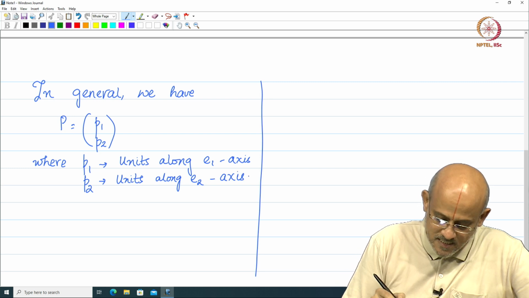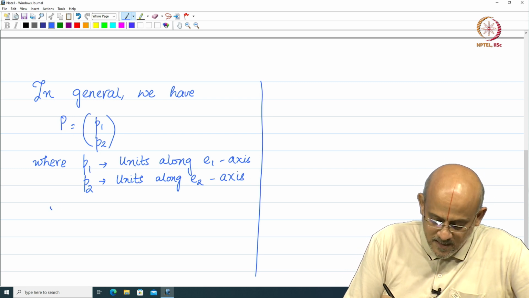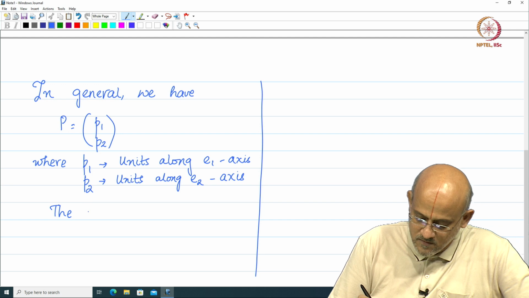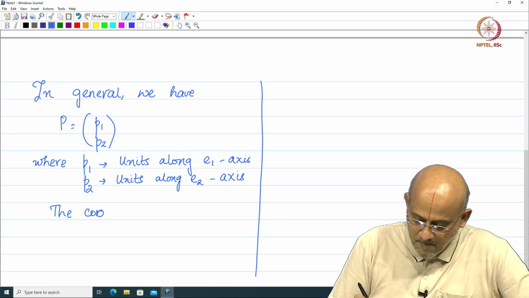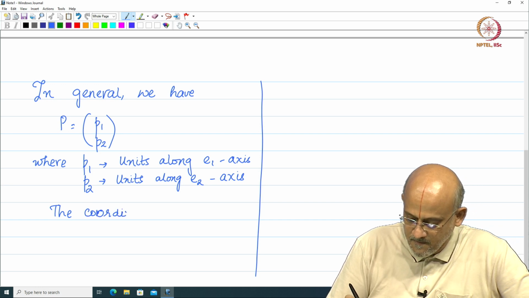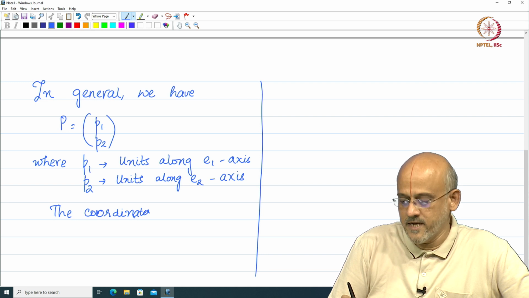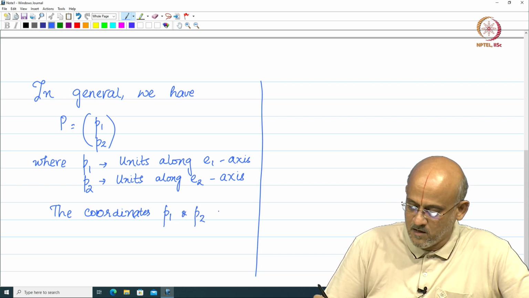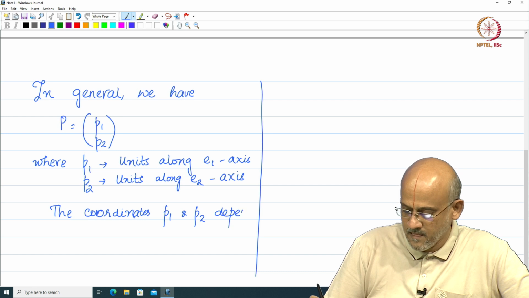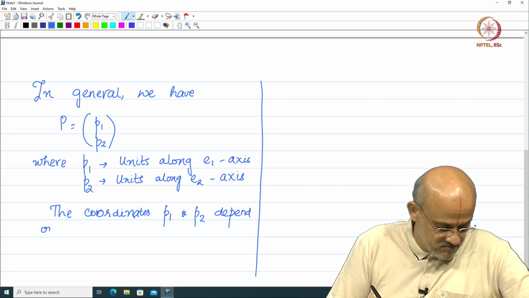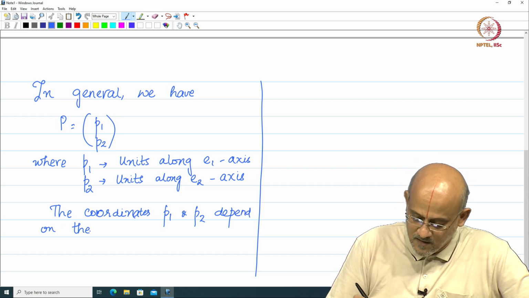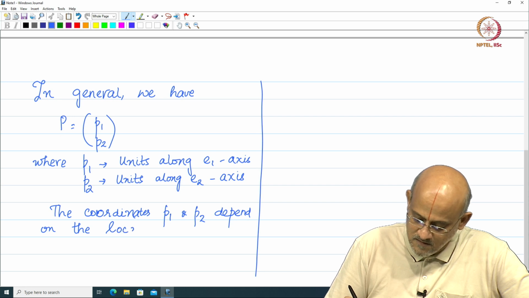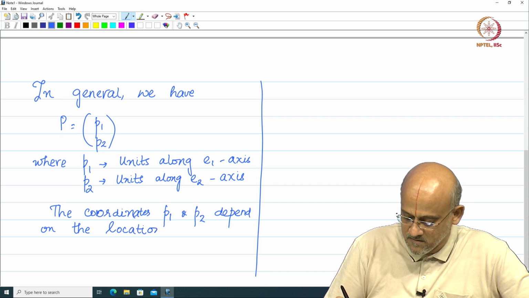Now, what is interesting is that the coordinates P1 and P2 depend on the location of what we call the origin, the location of the coordinate origin.